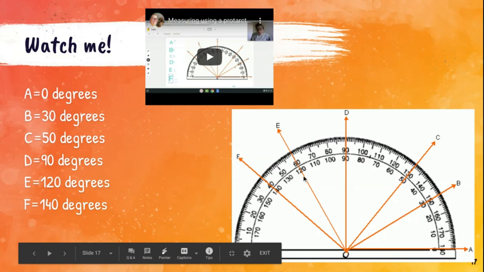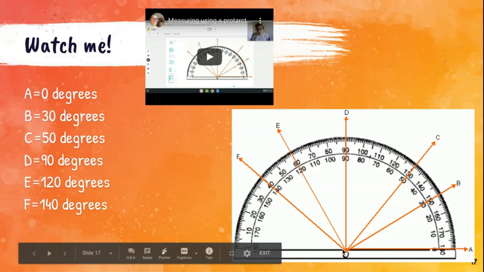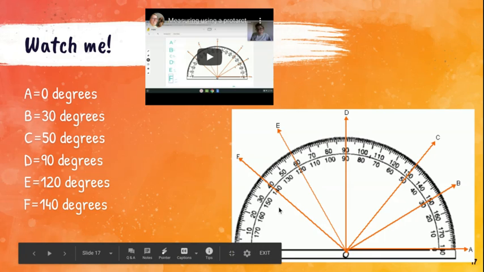E is going to be 120 degrees. You see that right here. Okay, right here. E is going to be 120. And then F, take my protractor, put it at my starting point, and then I measure. I go up 140 degrees. So that's how you would read that.